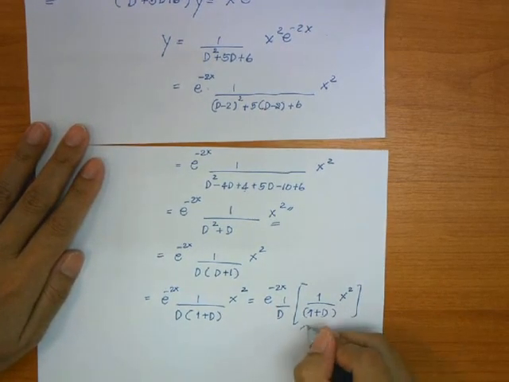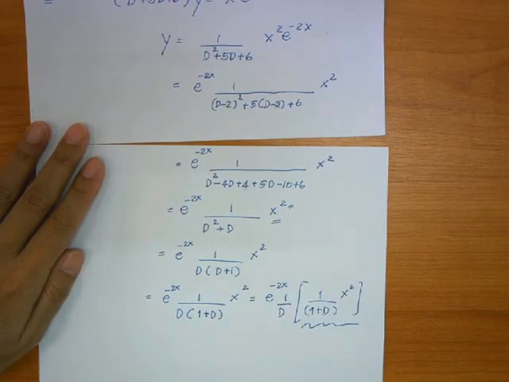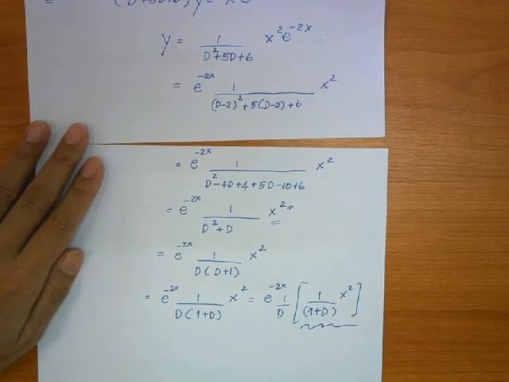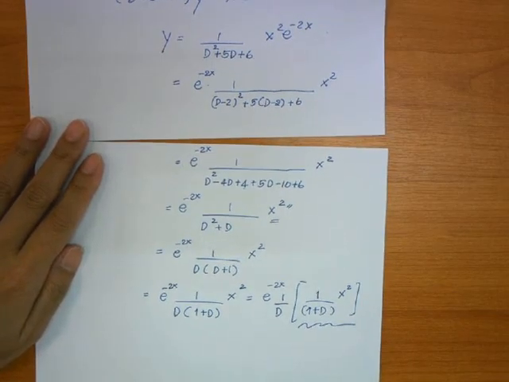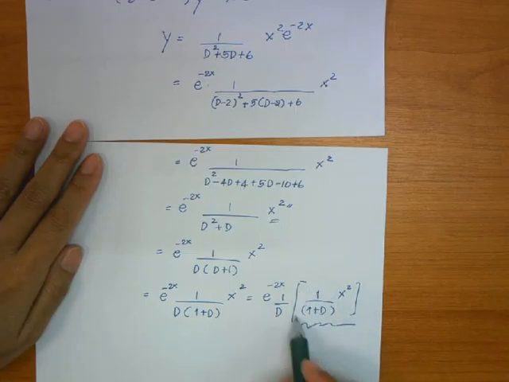This term, we are going to use case 1 to find the solution. For case 1, saying that if you have 1 over PD x to the power k, you got to write down in the term of b0 plus b1D plus b2D squared plus until bk D to the power k. In order to do that, you got to do dividing of this term.